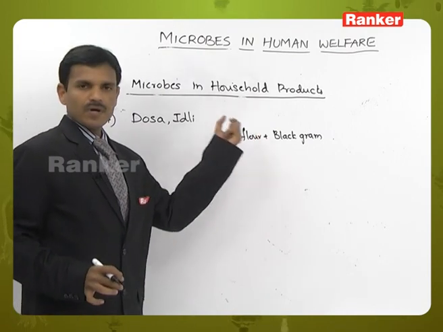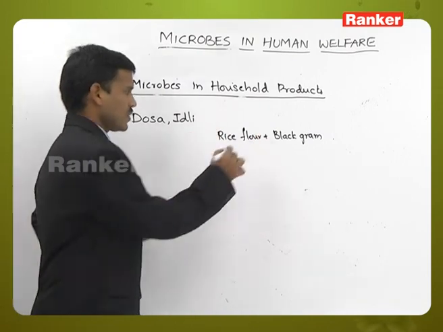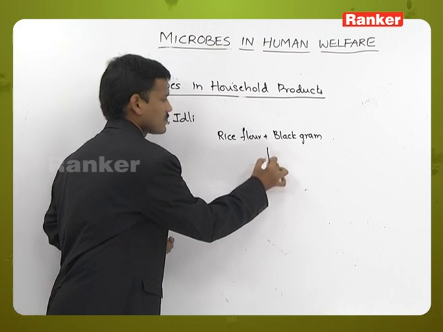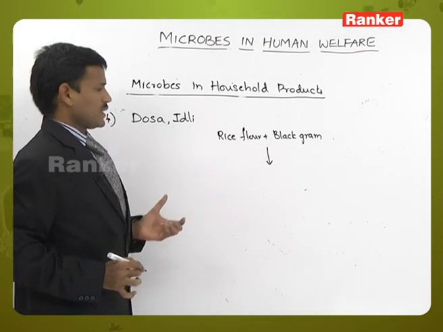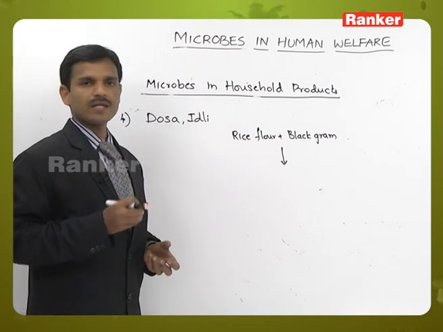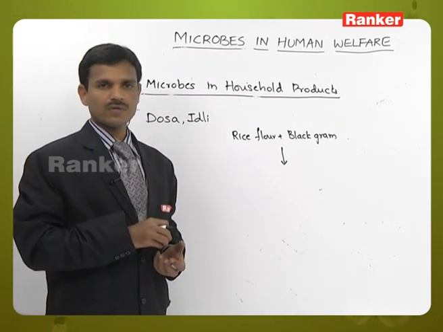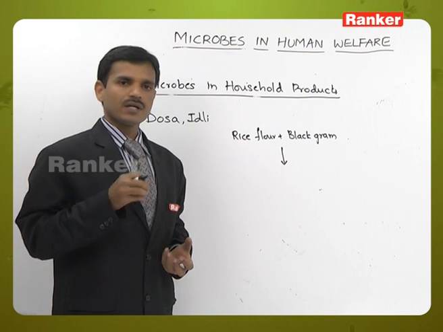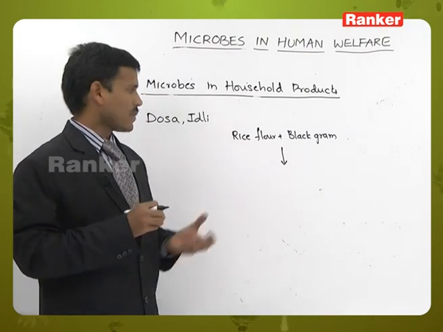Rice flour and black gram are fermented by some bacteria. The bacteria are airborne bacteria. We are not adding any bacteria into that flour. So, naturally, the bacteria are present in the air.